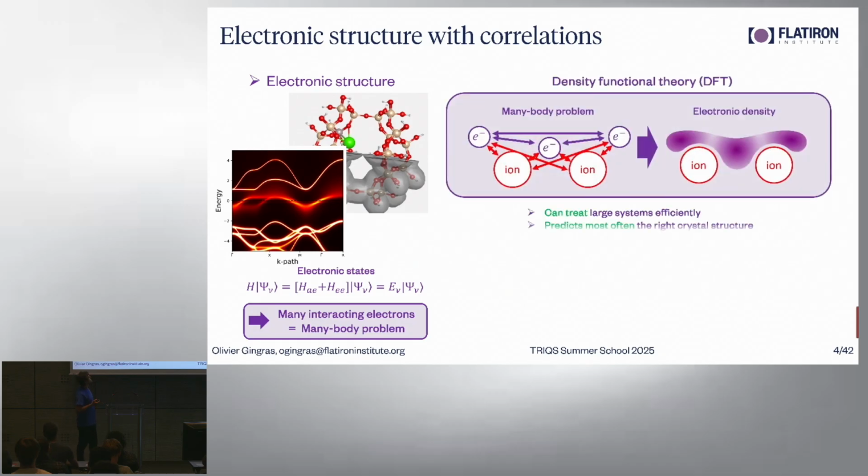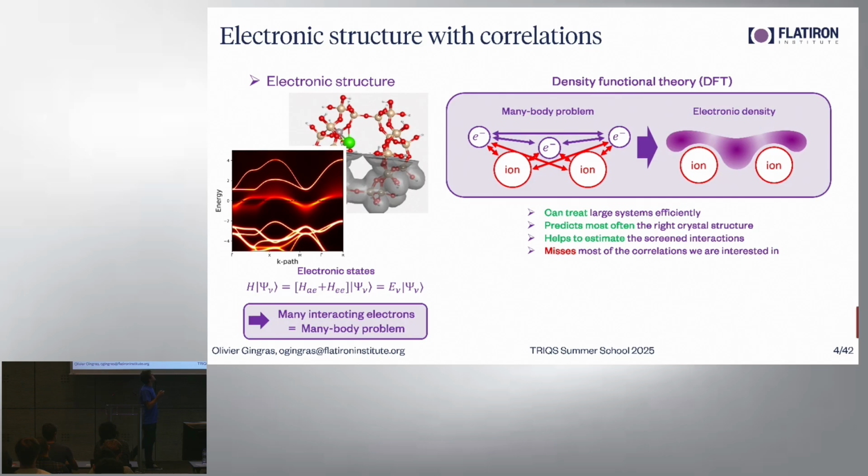And one method to deal with that is density functional theory, which is the method that is used most in material science, I would say, in order to approximate the many-body problem. Instead of having the many-body wave function, you just have a function that depends on 3 variables, the density.